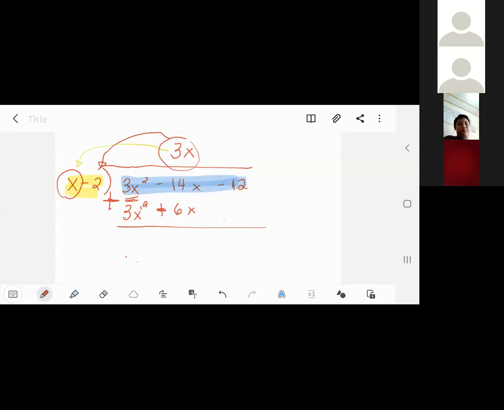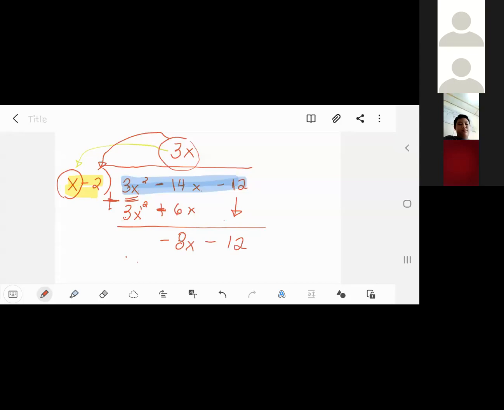Addition and subtraction. So negative 14 plus 6. Do they have the same sign? No. So you subtract them. 14 minus 6, how much? 8. Copy x. Which sign is bigger? The sign of the bigger number, 14, is negative. So that is negative 8x. Got it? Yes, ma'am.